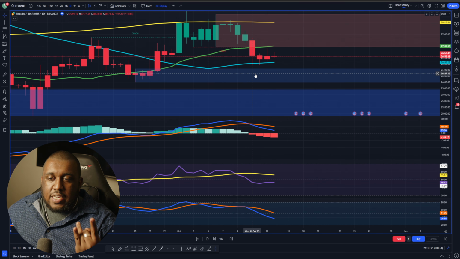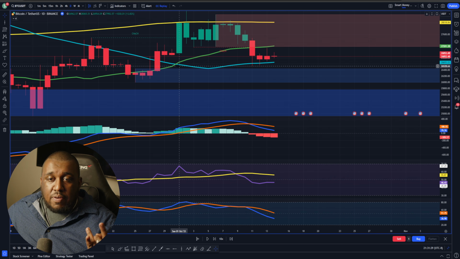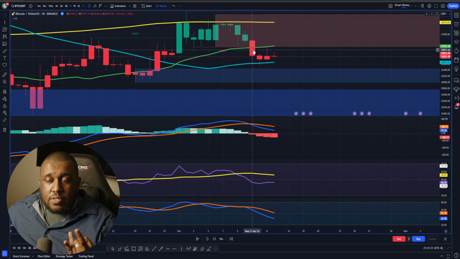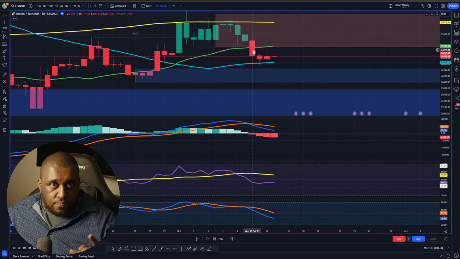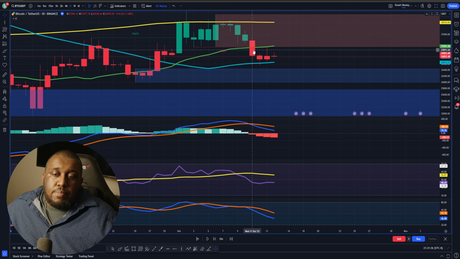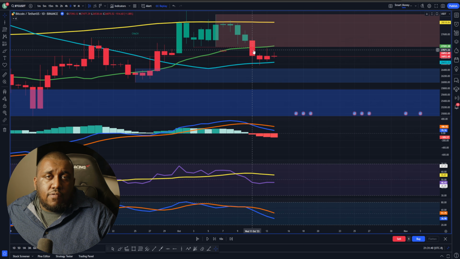That order block protects you from going into a short that doesn't make much sense. On top of that, you have a golden cross that recently happened. There's mixed signals here. Those mixed signals are telling me, everything's not really pointed in my direction, so I don't feel comfortable making this type of trade.